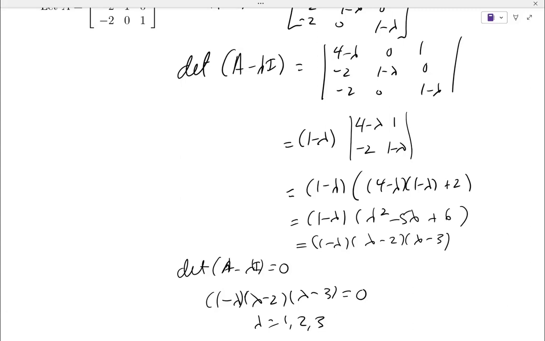There is a command for the I in here, the identity of whatever the size of the matrix you want. And then, of course, we know how to do matrices. So this is what the command's going to look like that I'm going to put in this function.